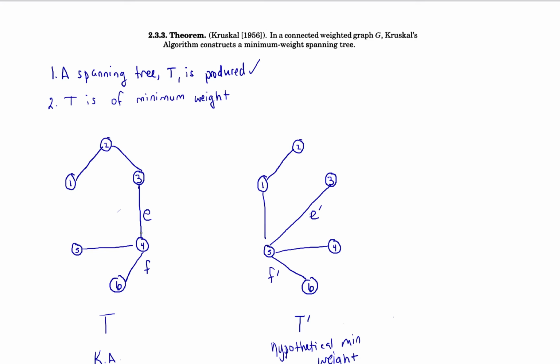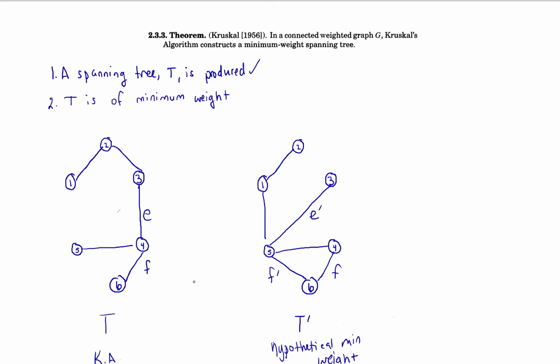So because T prime is a spanning tree, we know that moving one edge from T, and let's go ahead and say F, to T prime, like this, will result in a cycle. Otherwise, T wouldn't be a tree, and T prime wouldn't be a tree. So we can see this here, that would create a cycle.